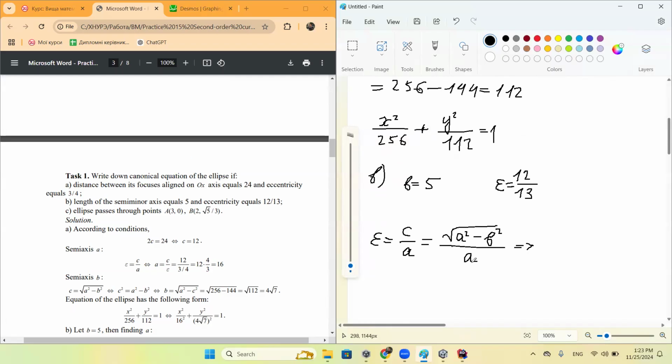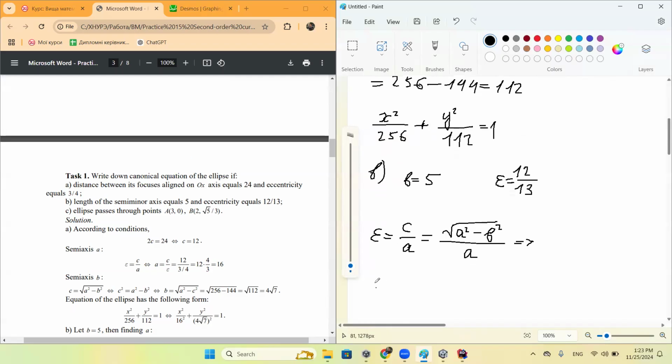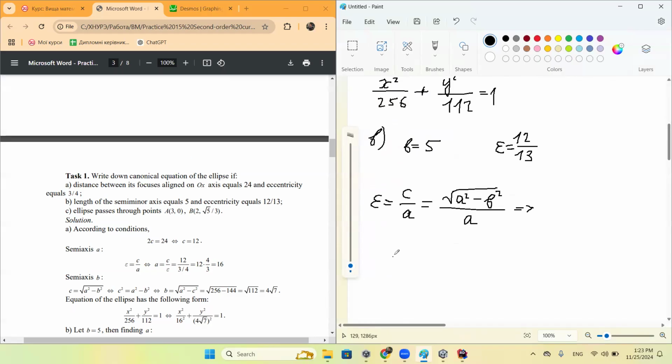But even not A, but A to the power of 2. So I multiply by A also raised to the power of 2. So (A epsilon) to the power of 2 equals A to the power of 2 minus B to the power of 2.